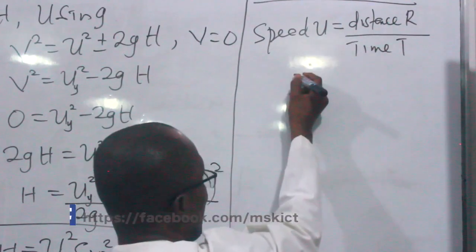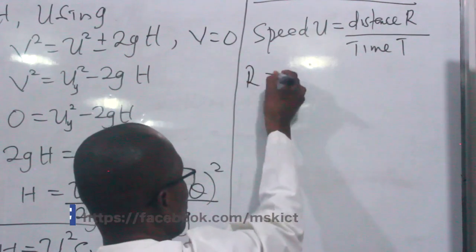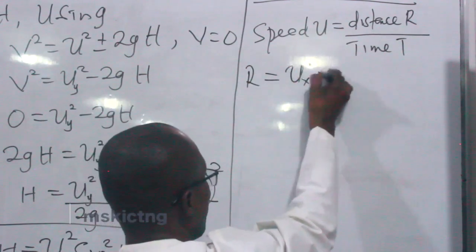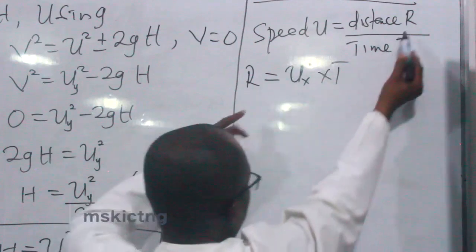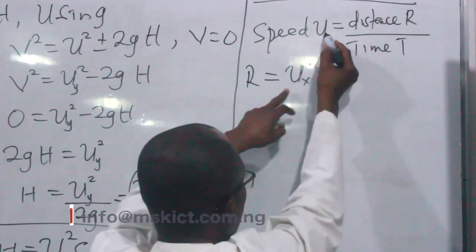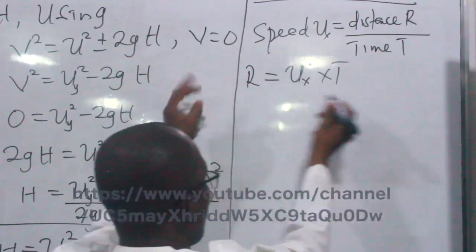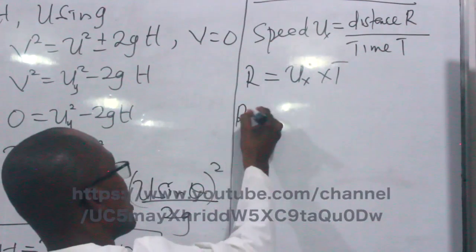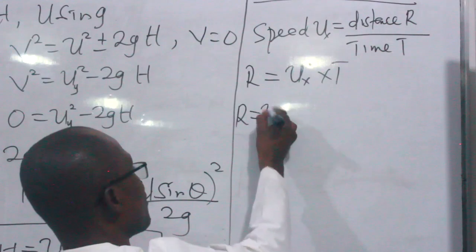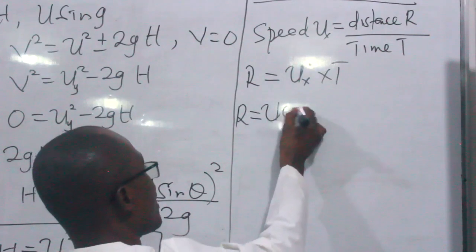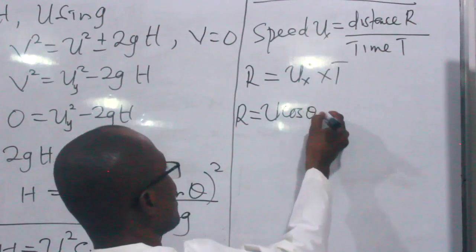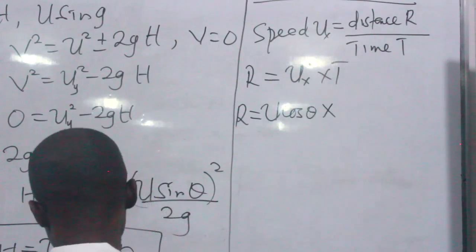From this expression, we then have that the range will be equal to ux multiplied by t. R stands for the range, ux stands for the horizontal component of the velocity, and t stands for the time of flight. So we have the range equals ux, which is u cos theta, times t, the time of flight.